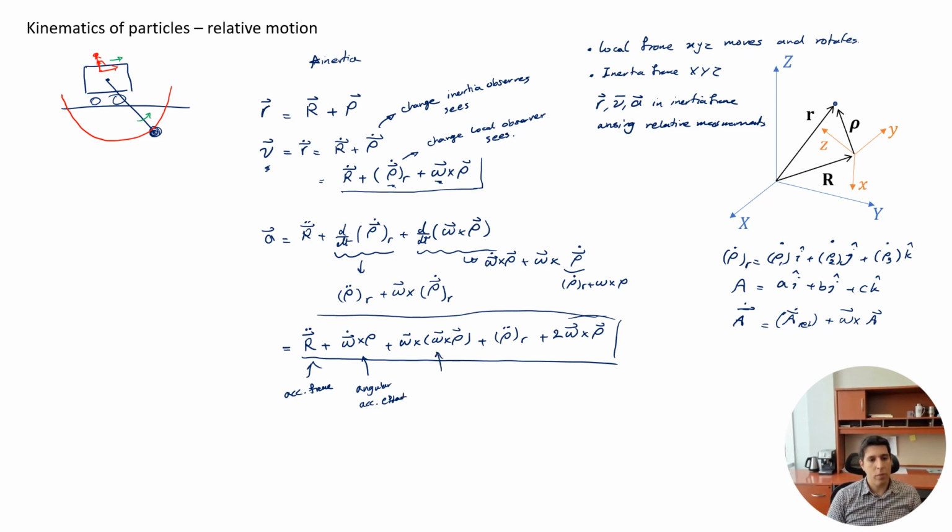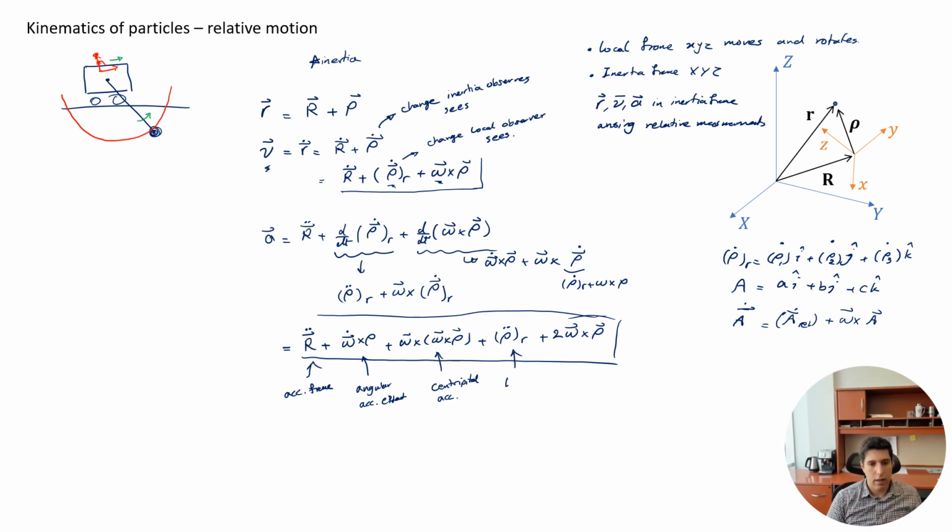This one, omega cross omega cross rho, is some kind of centripetal acceleration. If you work it out, it is in the opposite direction of rho.